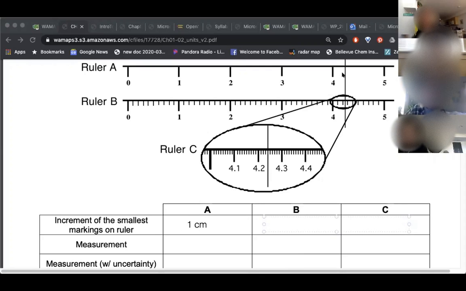So what would we call that measurement? Your numbers may be different. Feel free to type some into the chat if you care to. Just looking at that top ruler, I might say that looks like about 4.2 centimeters.